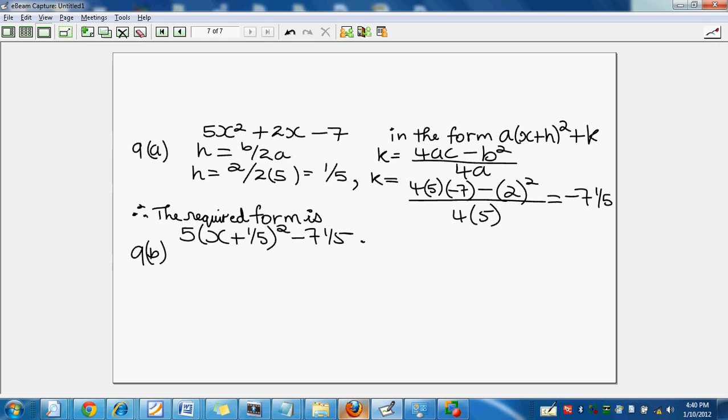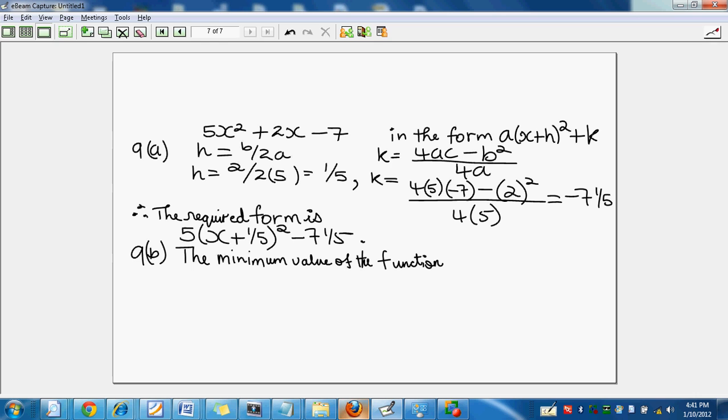Part 2 was the value of x at which the minimum occurs. We have to determine the minimum value of the function.